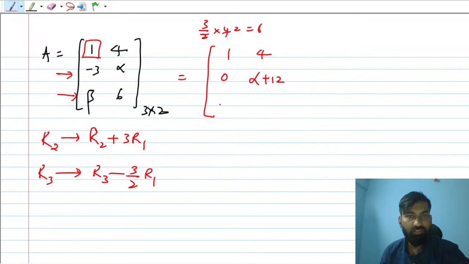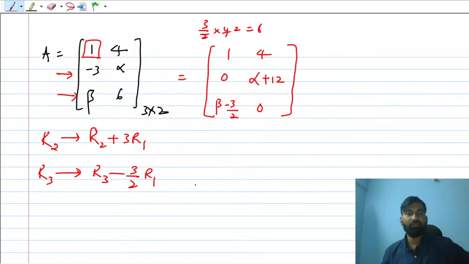And this is beta minus 3 by 2, because you are multiplying by 3 by 2 and subtracting from the third row, and this becomes 0.